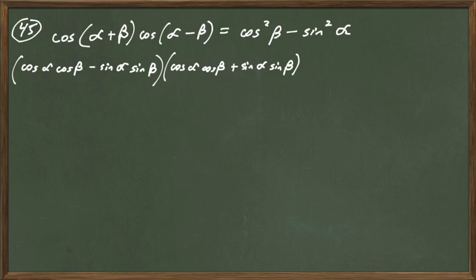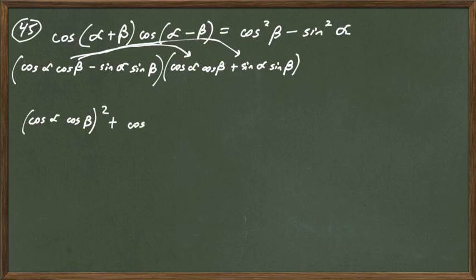Now when I multiply this out, what happens? When I multiply here, would it be that quantity squared? Yes. Cosine alpha, cosine beta, and that would be squared. When I multiply here, what do I get? I think I get, there's a plus, so I'll put a plus.